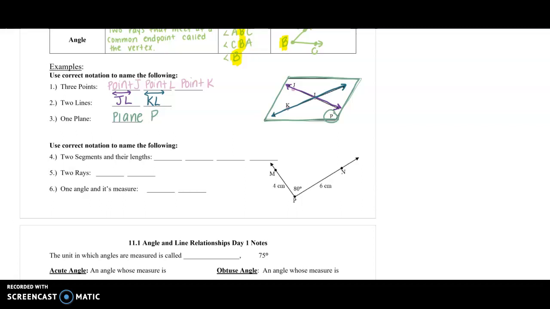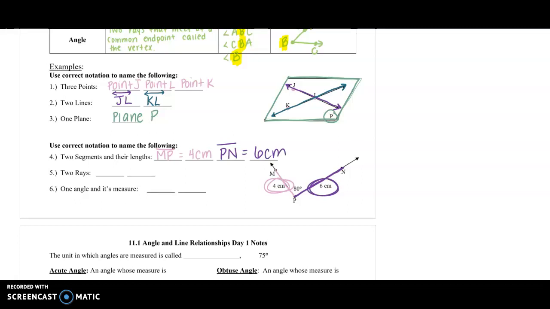The first segment I can do is segment MP. That segment is equal to 4 centimeters. It's labeled right there for you to see. Then I also have segment PN. Notice I'm just doing the segment bar above it, and that's equal to 6 centimeters. It's given to us right there.